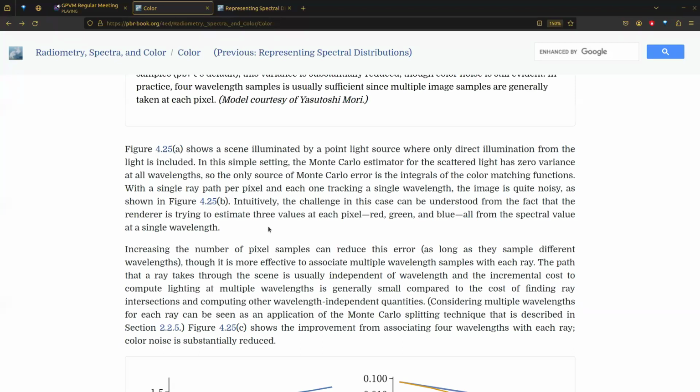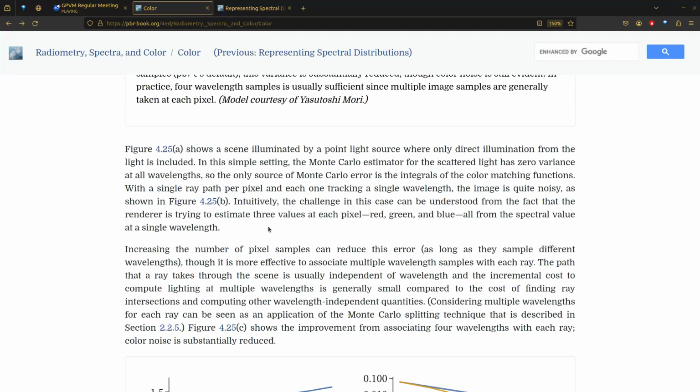The path that a ray takes through the scene is usually independent of wavelength, and the incremental cost to compute lighting at multiple wavelengths is generally small compared to the cost of finding ray intersections and computing other wavelength dependent quantities.